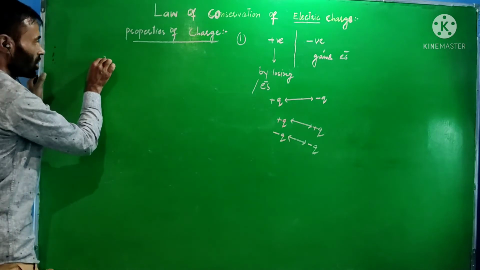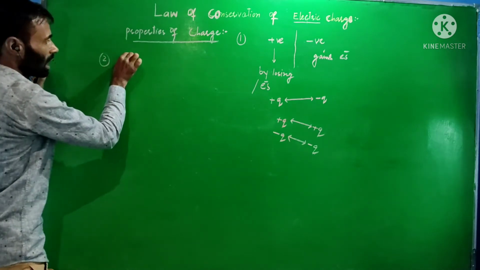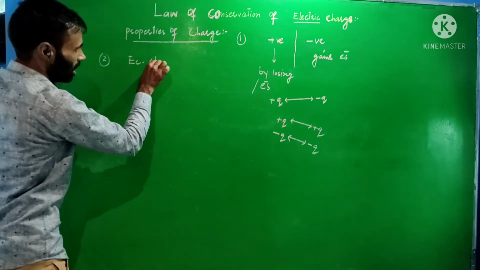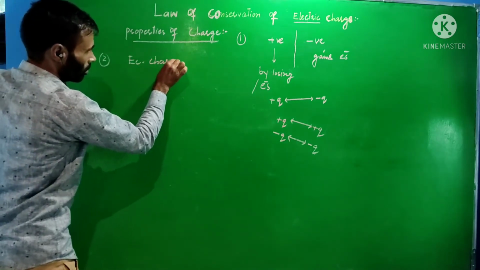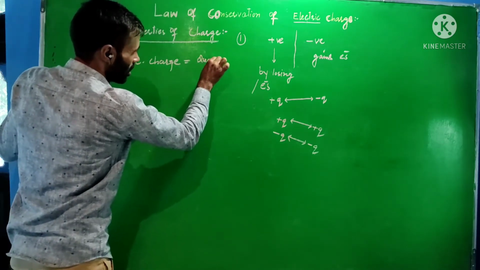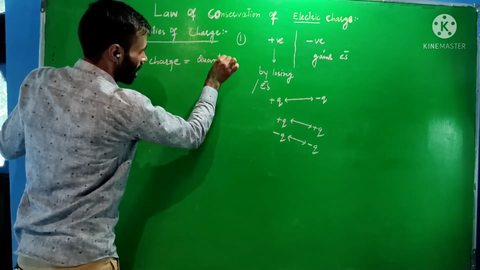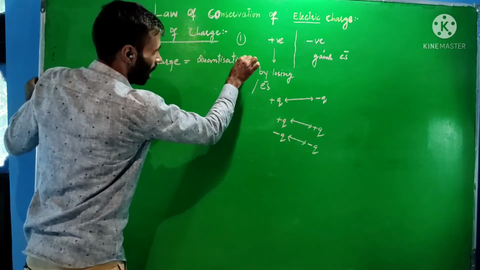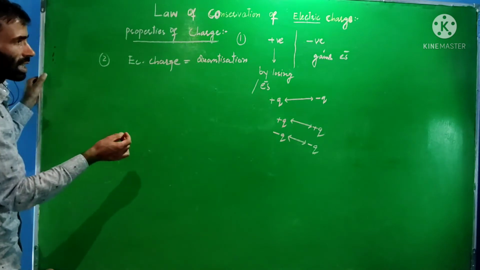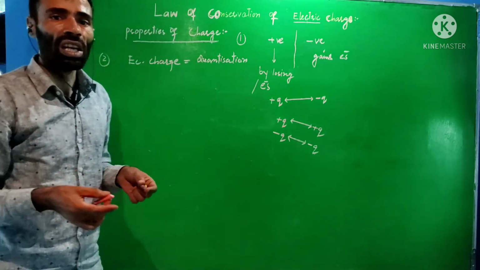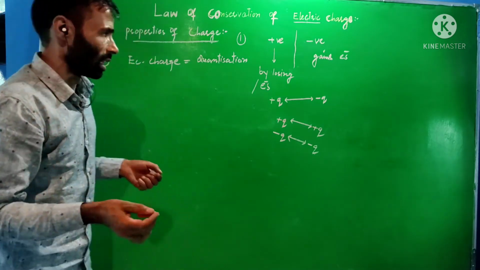After that, I will mention this: electric charge is quantized. This quantization concept of electric charge is applicable at the microscopic level. I can say electric charge is also made up of discrete units.